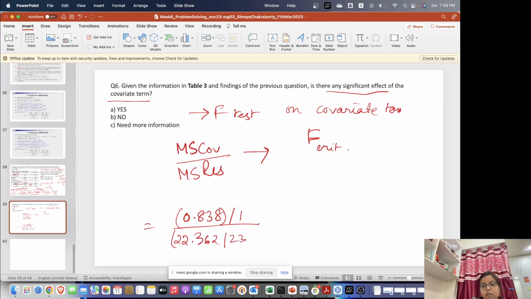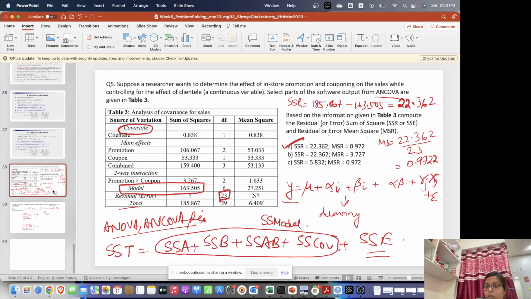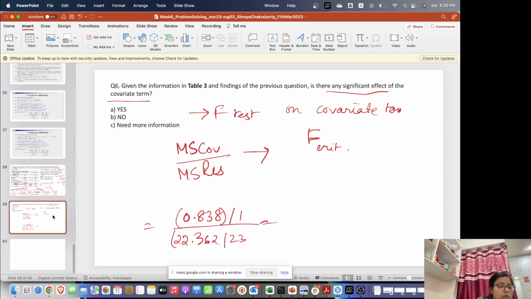Divided by 23. So this comes out to be 0.838 divided by 0.972, and this comes out as 0.862. And then we are going to compare it with the F critical value.